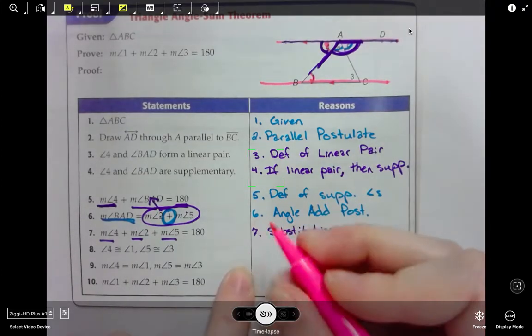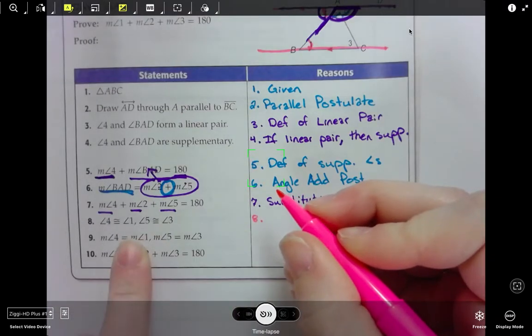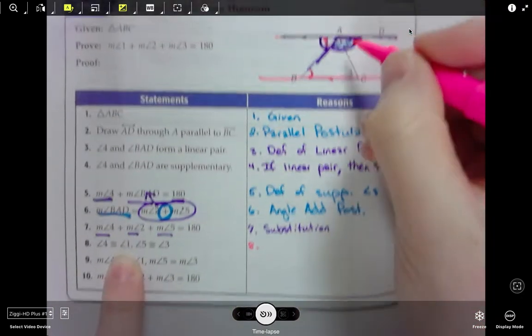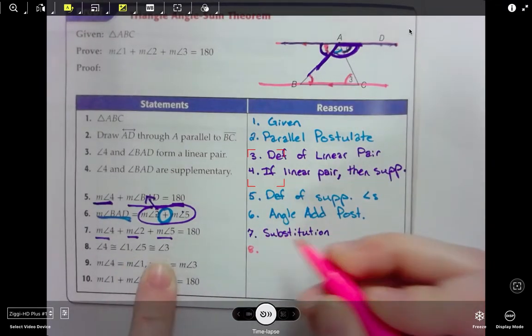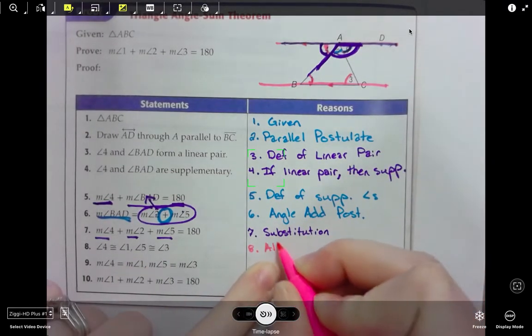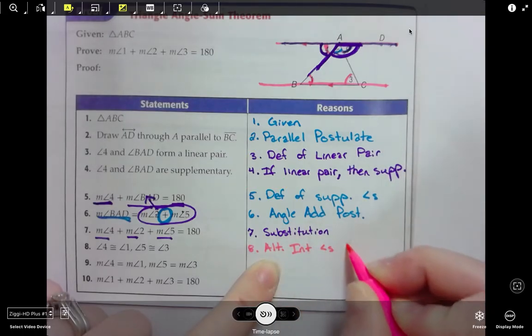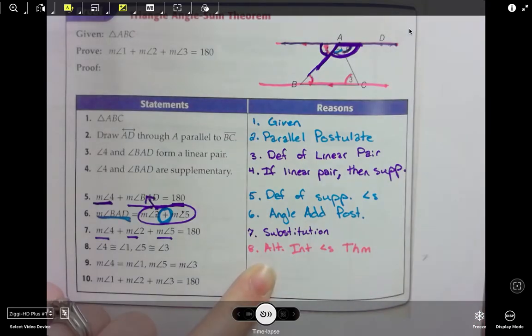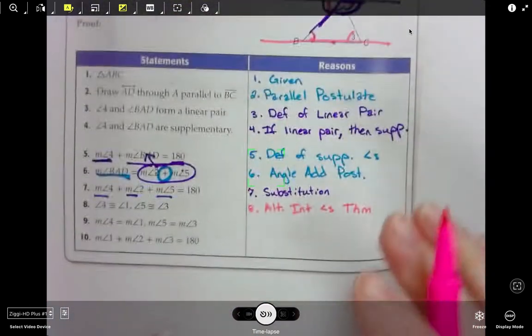And that's going to be the theorem that we've got going on here. Step 8, we can call those 4 and 1, and additionally 5 and 3 are also alternate interior angles. That is the alternate interior angles theorem that says that. Alternate interior angles theorem says that if they're alternate interior, they are congruent, okay?